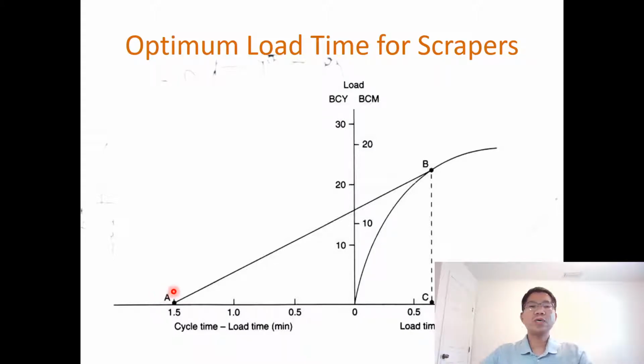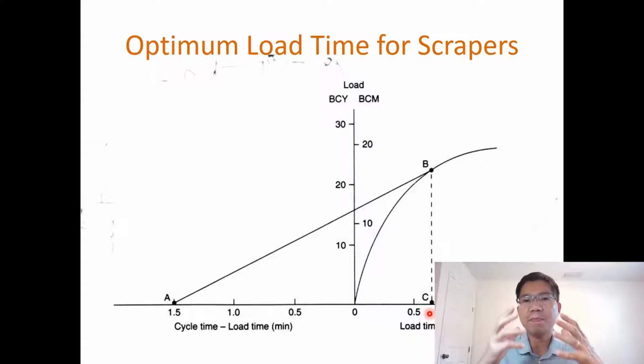From point A, draw a line tangent to the load curve, and it meets the curve at B. From B, make a vertical line going down to the horizontal axis, meeting it at C, and OC is the optimal load time.